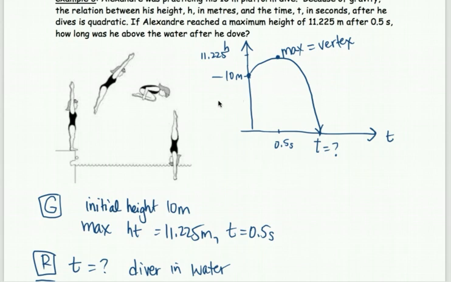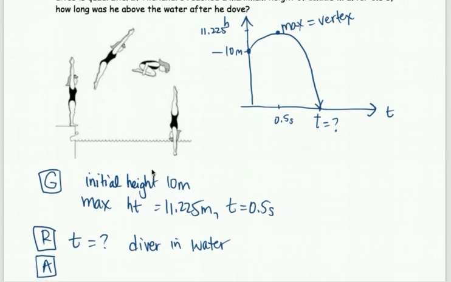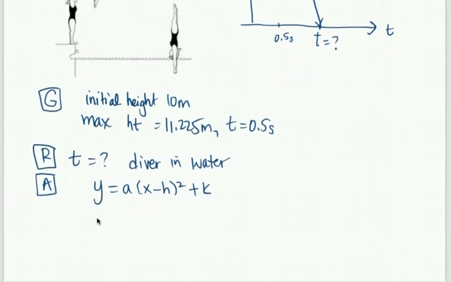So we have the vertex, we have another point here. So we can build an equation here. We can build a quadratic, and because we have the vertex, we can build the vertex form equation, which is this one here. Okay, all right, so if we can get to an equation, we should be able to go and eventually solve it, okay? So our plan is to get an equation first.